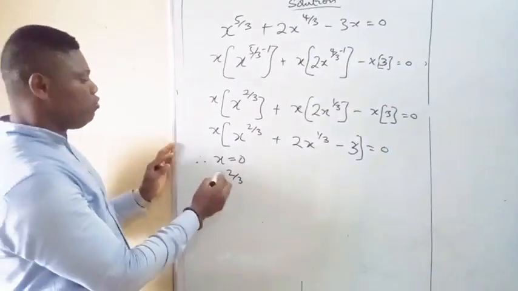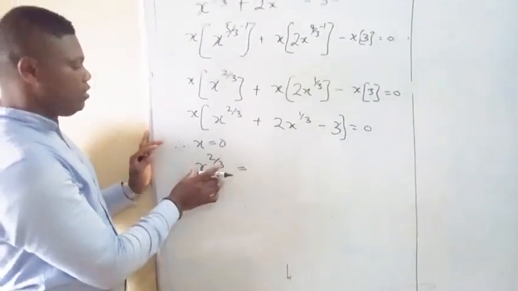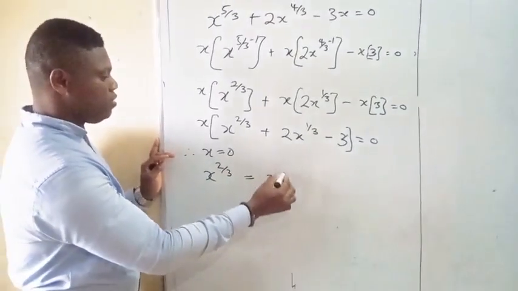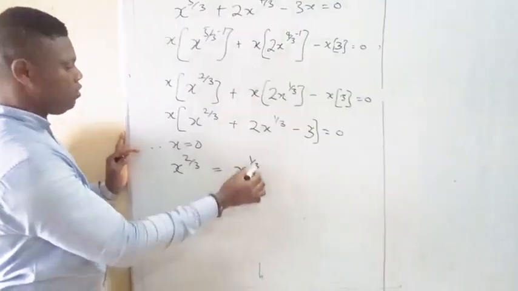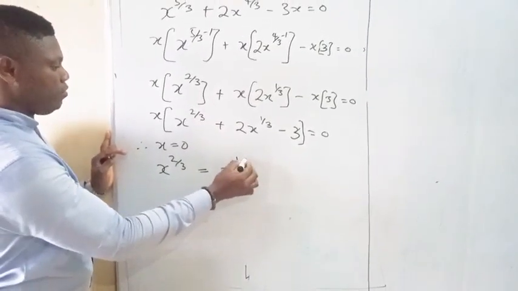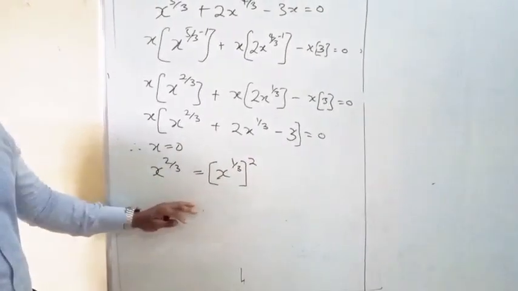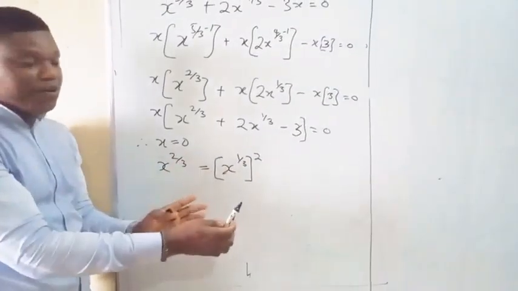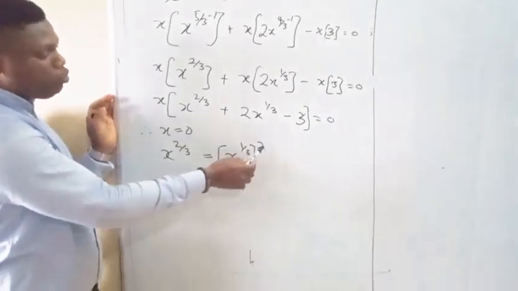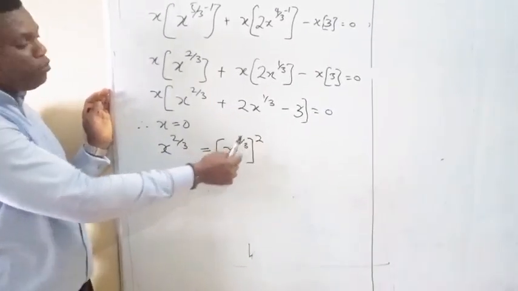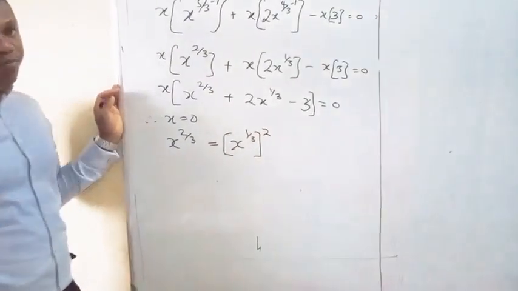But I'm going to try to factorize this as x raised to the power of 1/3, then everything out squared. If you understand this, from powers of powers, we find that the 2 can multiply the power here, which will still give me 2 divided by 3.